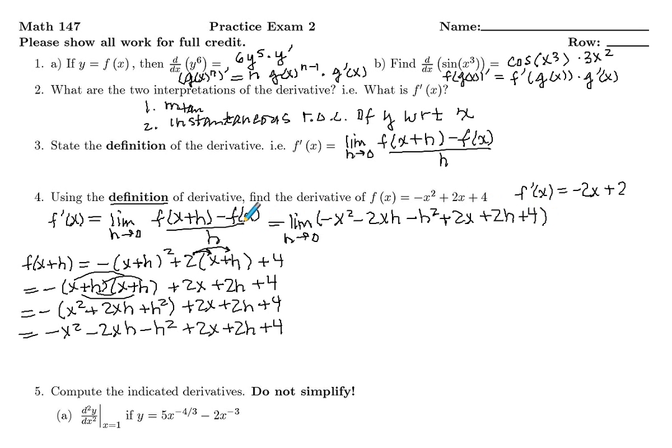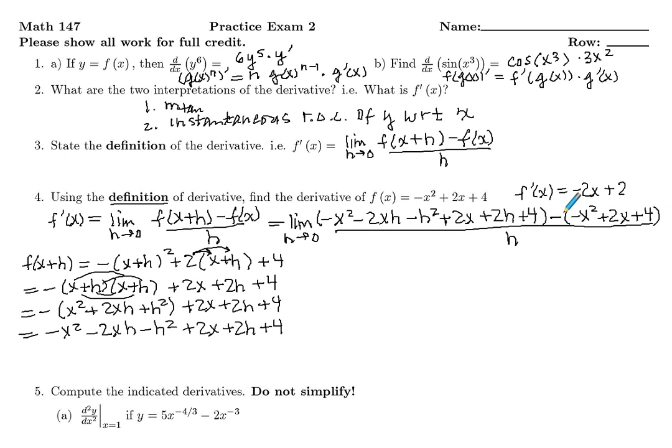And then we're subtracting off f of x. So minus our f of x is here. Negative x squared plus 2x and plus 4. And that whole thing divided by h.